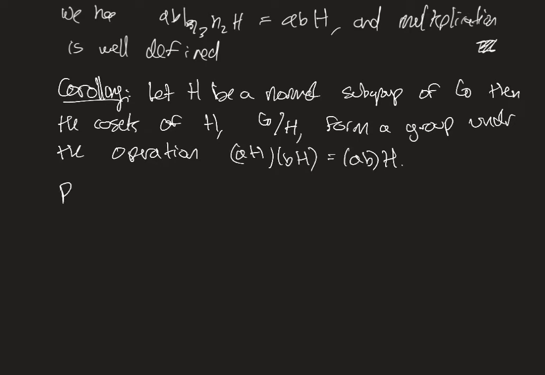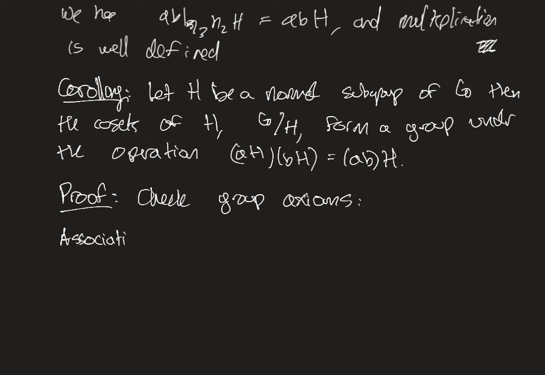So the proof is simply checking the group axioms. First, associativity. This is going to follow from the fact that the product in G is already associative, but let's run through the argument. So we want to see that if I do aH times bH and then do multiplication by cH, I should get the same as if I had the brackets moved around.